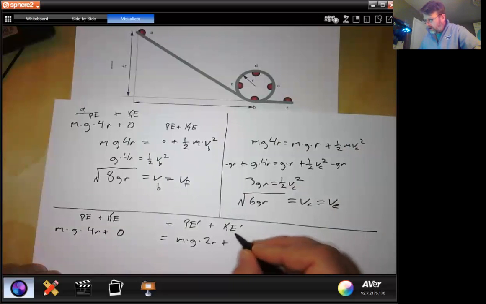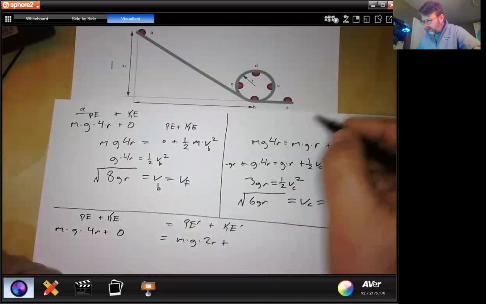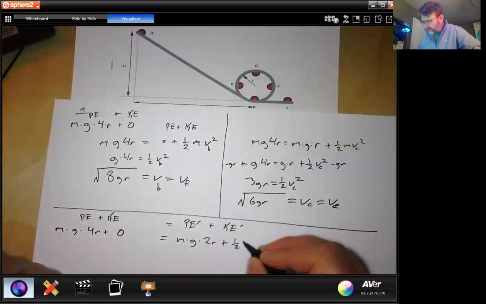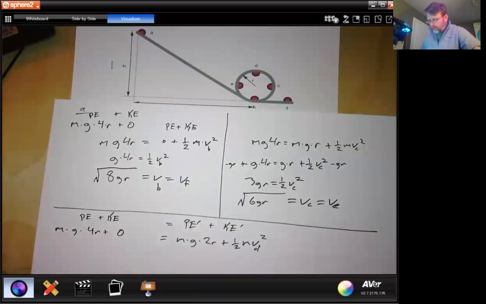And then this one, well, we don't know, right? We want to have m v d squared. So we're going to divide everything by m.